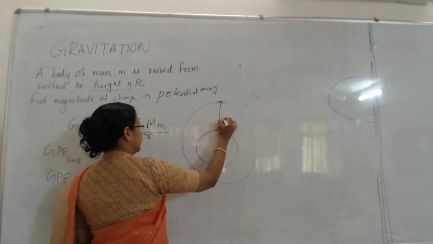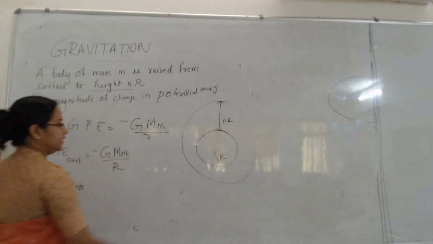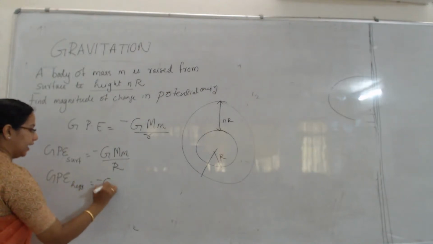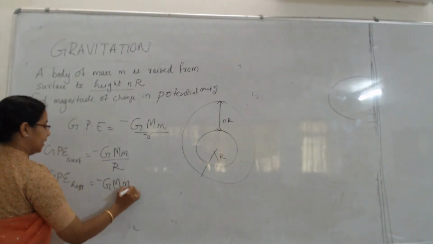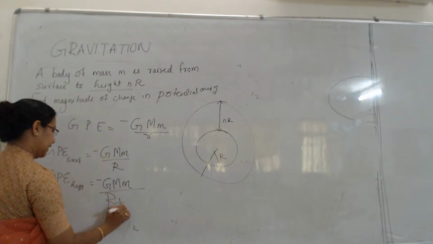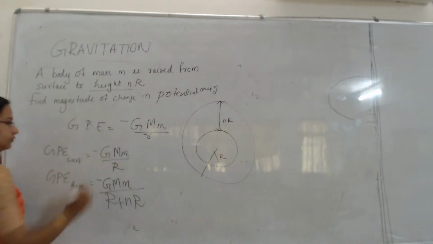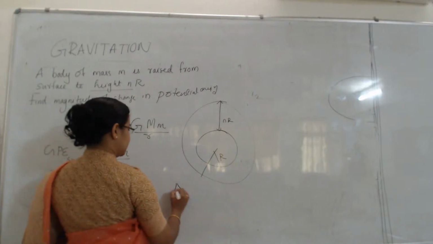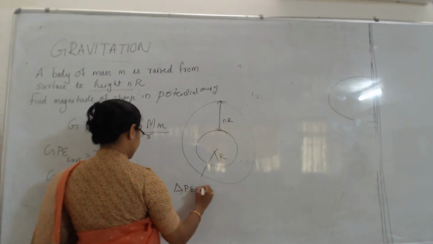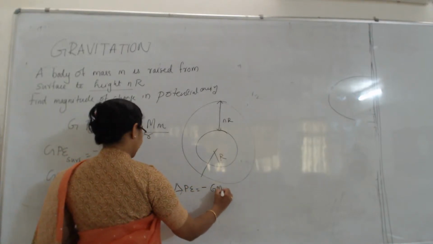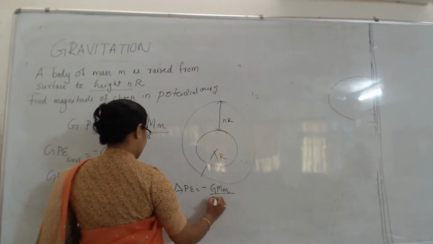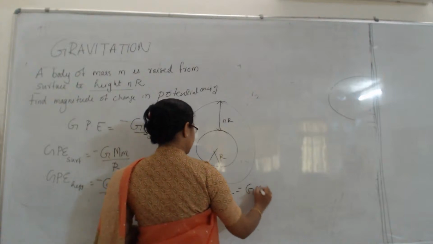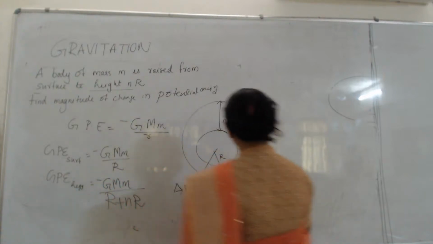This is nR they told. But I need the distance from the center to this point. So I can write minus GMm by R plus nR. I need the change of this. So the change in potential energy is minus GMm by R plus nR minus of minus GMm by R.